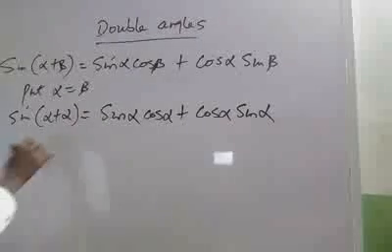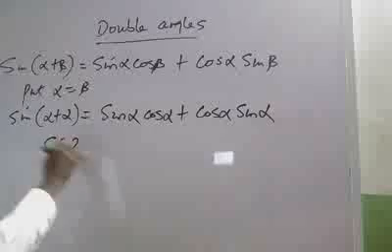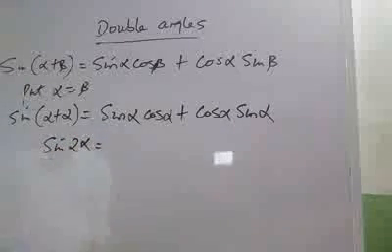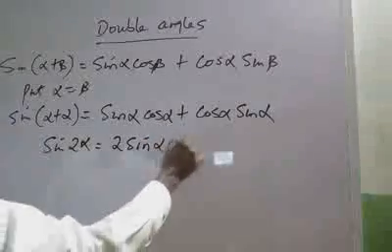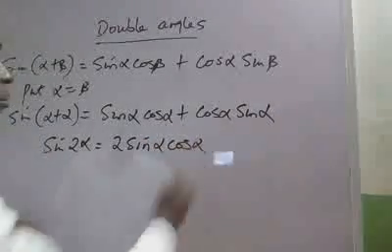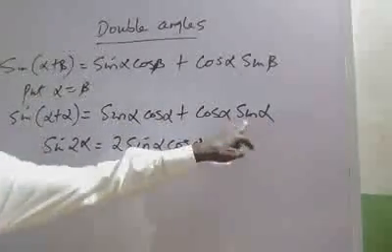And this plus this is 2, so I have sine 2 alpha is equal to 2 sine alpha cos alpha.